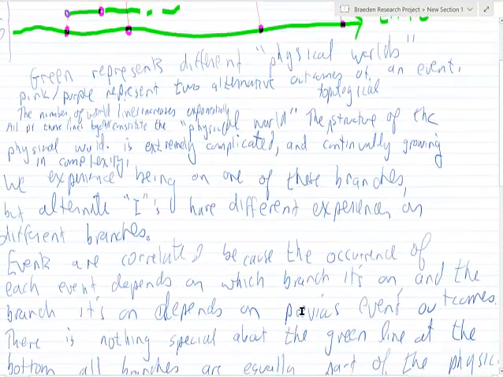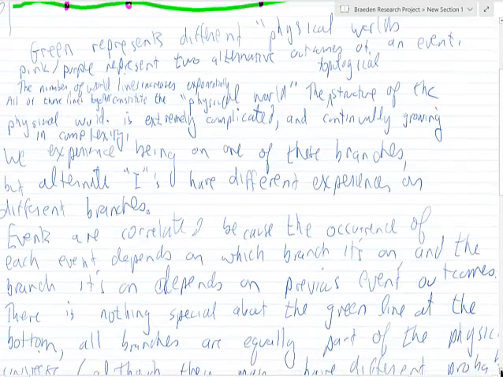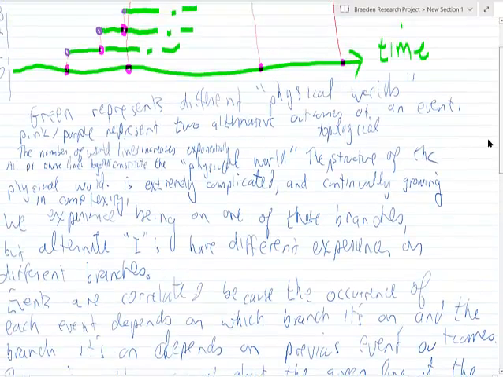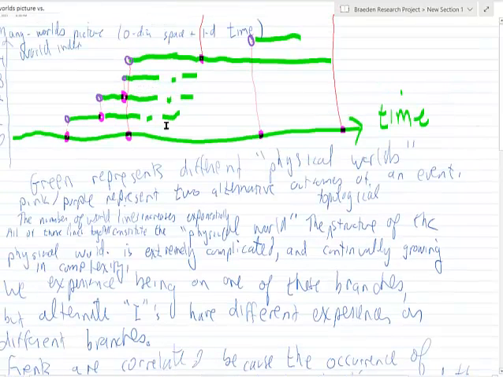And the line it's on depends on previous event outcomes. There's nothing special about the green line at the bottom. All branches are equally part of the physics of the physical universe, although they may have different probability weights attached to them. This one may be more probable than the one at the bottom.